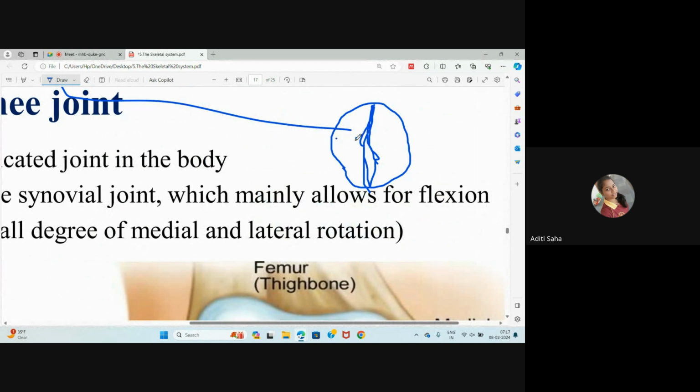So point B is medial and point A is lateral. You got the concept of medial and lateral? Yes, ma'am. Yes, it is anatomical terminology. Anatomical terminology applies to the human body.